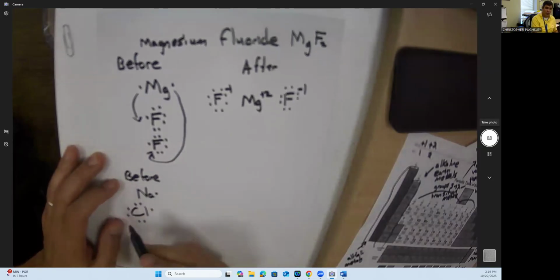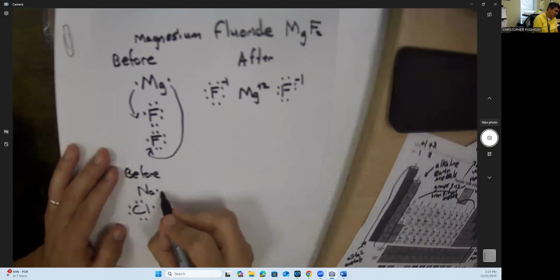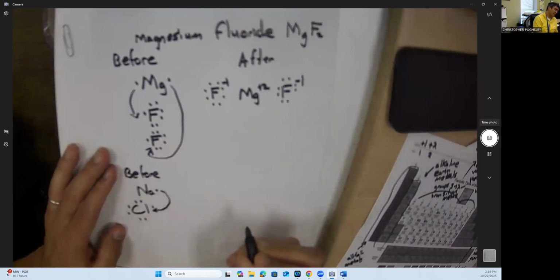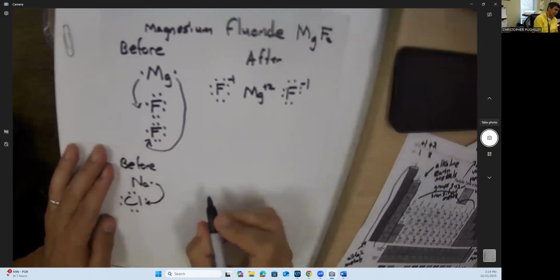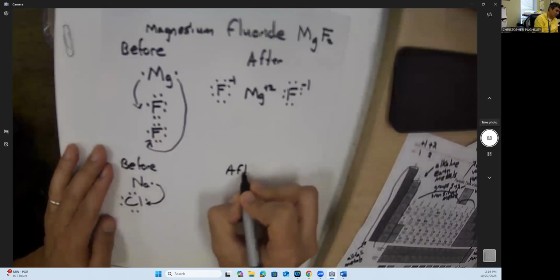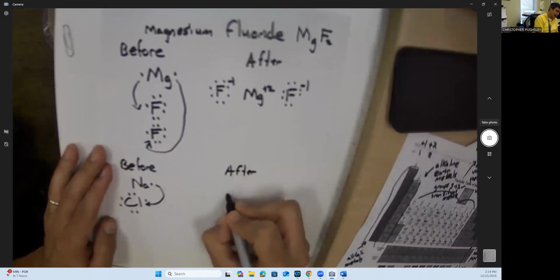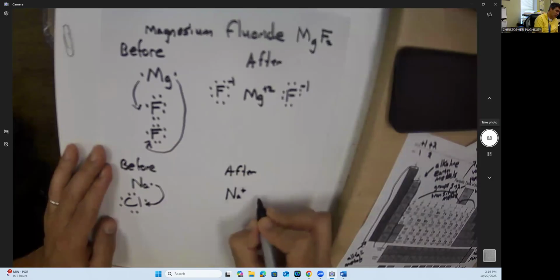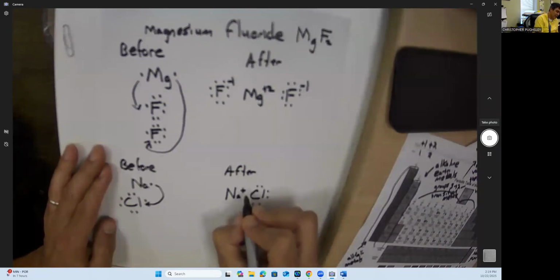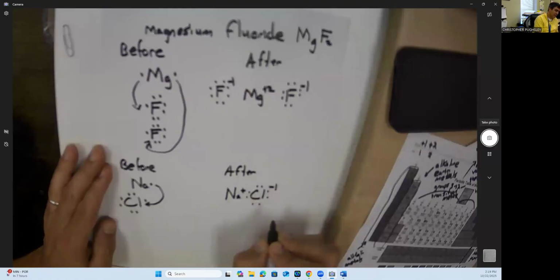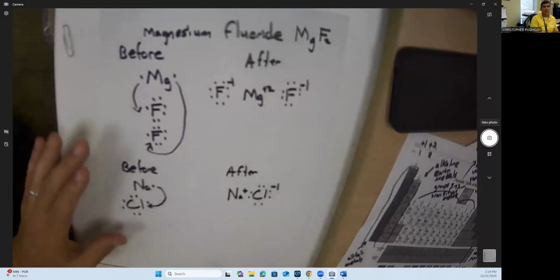So before and after, sodium is going to give chlorine an electron. This is the before. And in the after, sodium is going to have a positive charge, and chlorine is going to have a negative charge, and it's got those 8 valence electrons. And so those opposite charges attract.